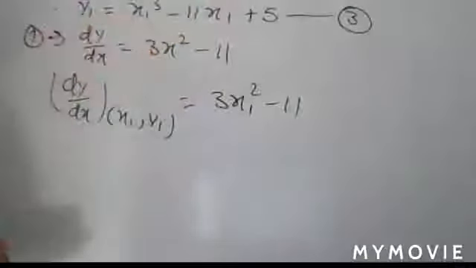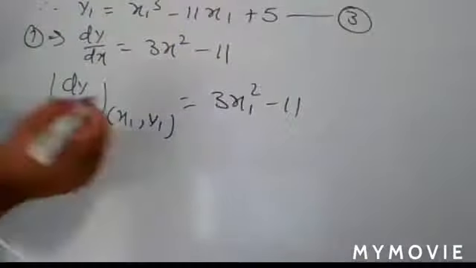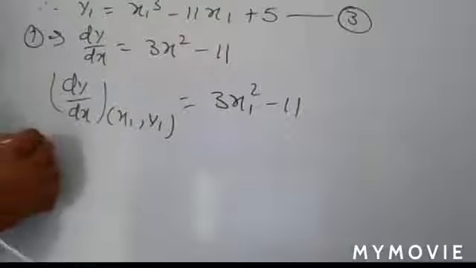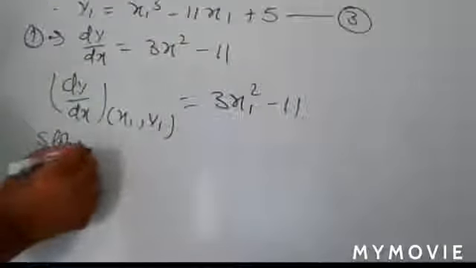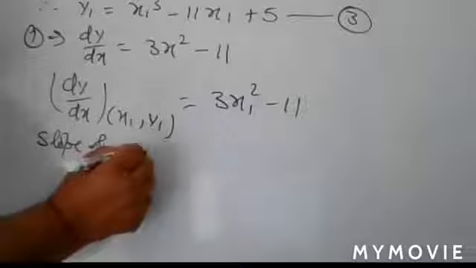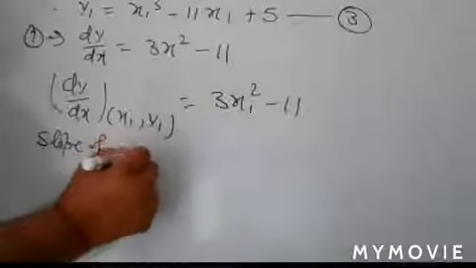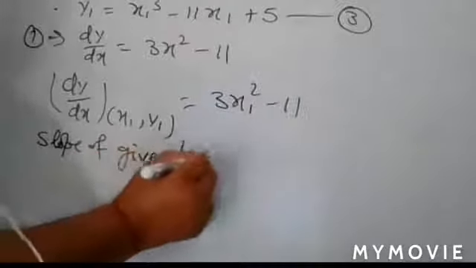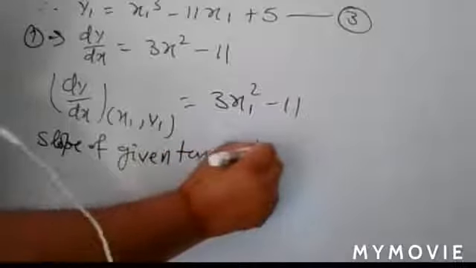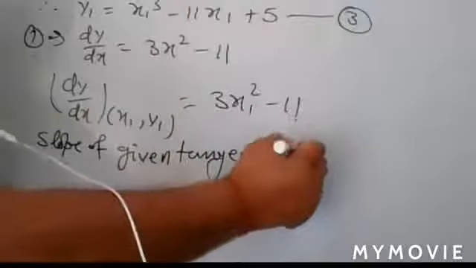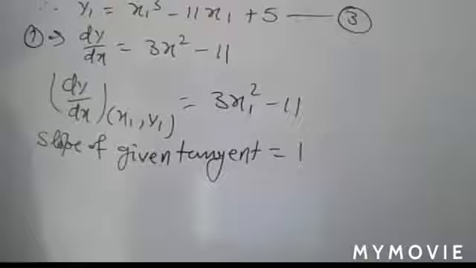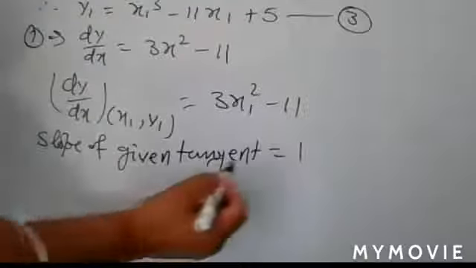Now from 2, what is the slope of tangent? So write, slope of given tangent is 1. Everyone getting how you are getting its value?